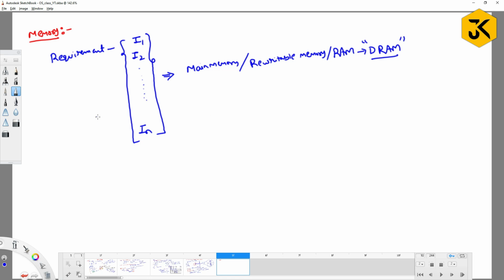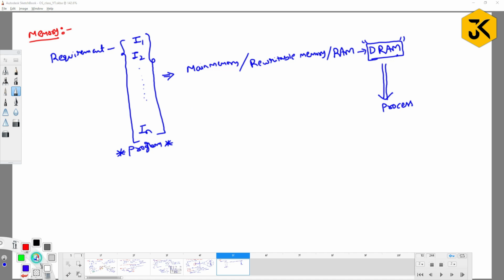So now this collection of instructions will act as a program. If these instructions are present inside DRAM, then I can call it a process. The instructions which are under execution are called a process. Under execution means they should reside inside the DRAM. This is one kind of memory, right?